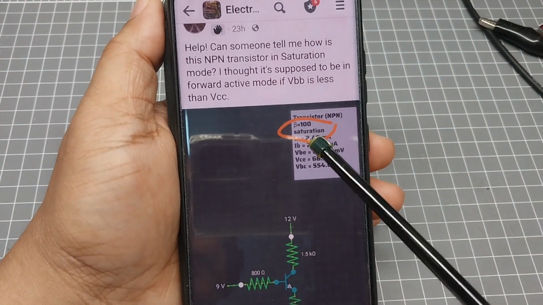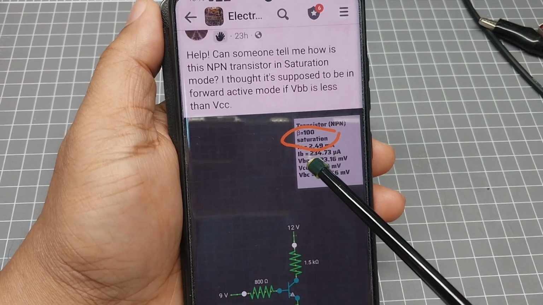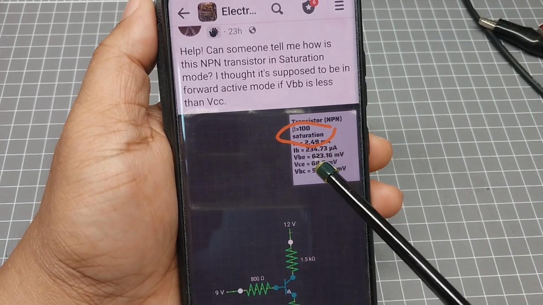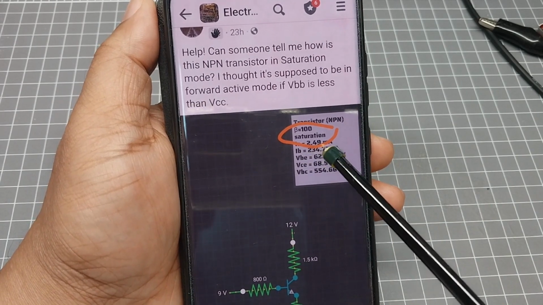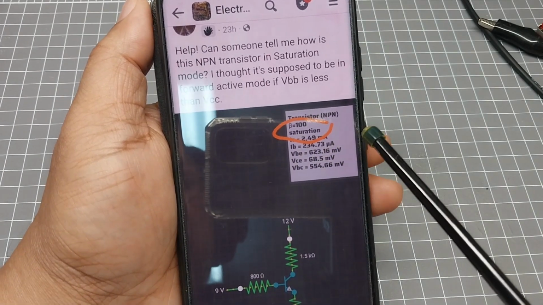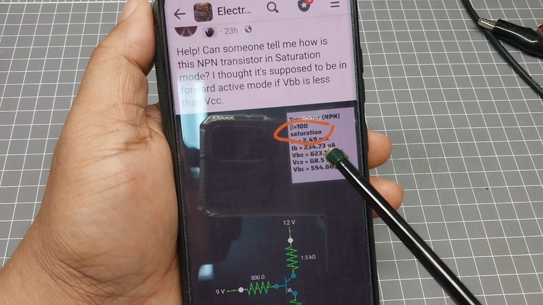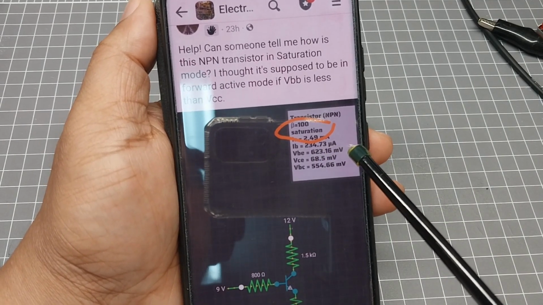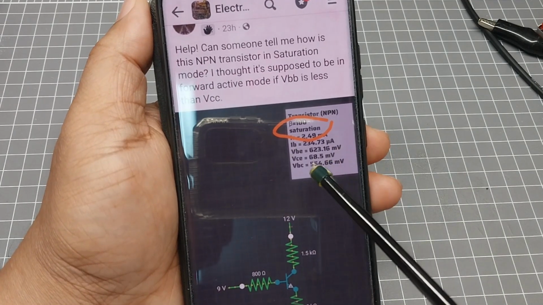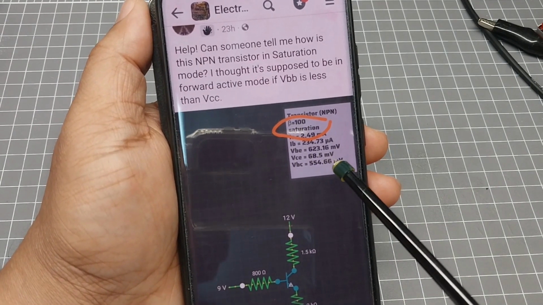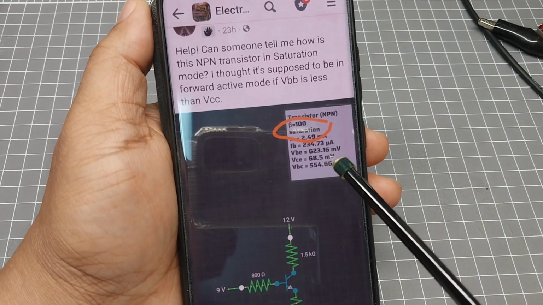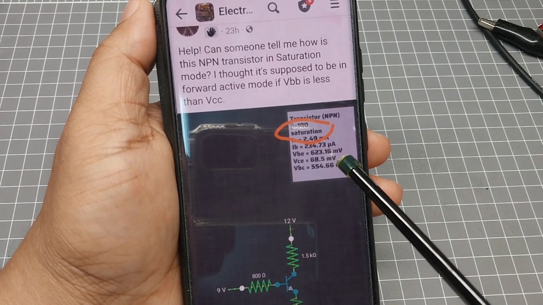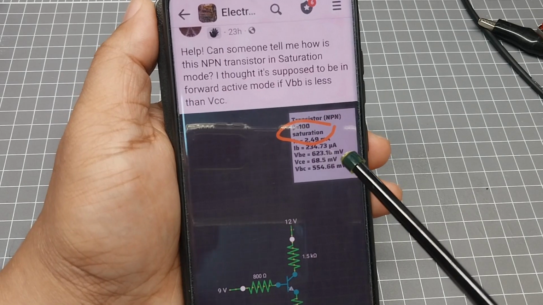you get a beta of 100, saturation, which is in saturation NPN. And I think this one would be the IC is 2.49 milliamps, and IB is 234.73 microamps. And the base emitter voltage is 0.6, or 623.16 millivolts, or 0.623 volts.